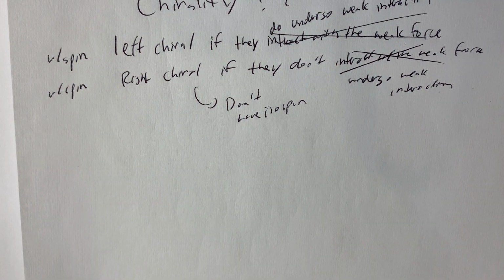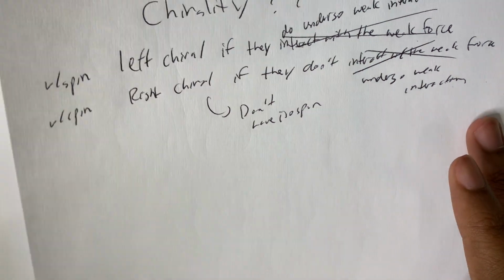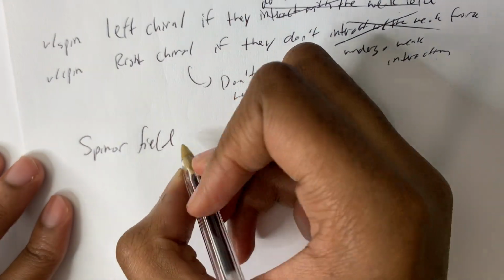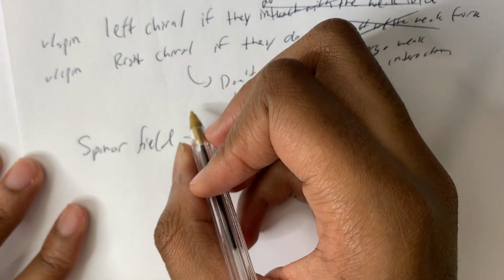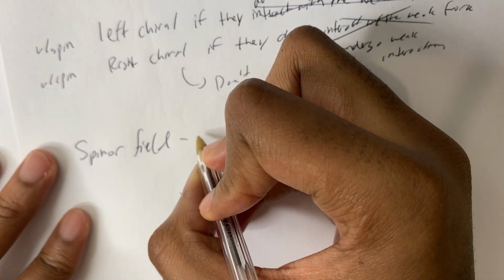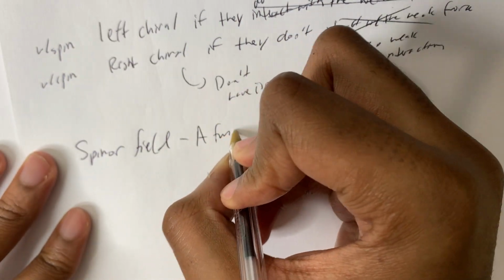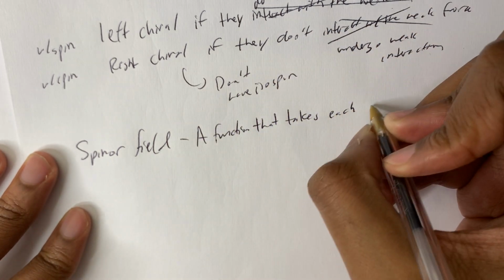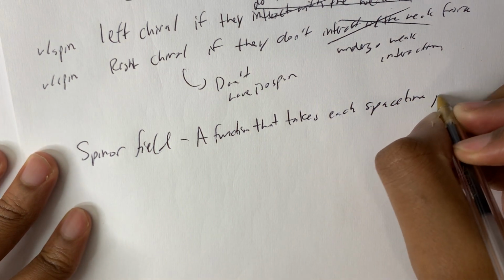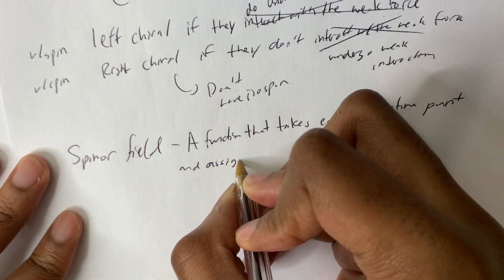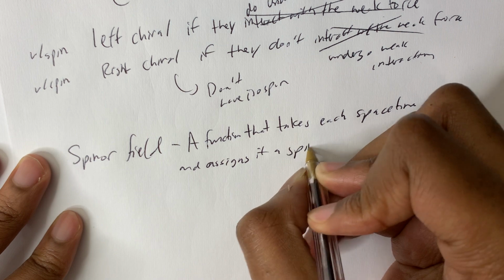Okay, and what's next on our list? Now we need to talk about spinor fields. So what is a spinor field? Well, a spinor field is like a function that takes each space-time point and maps it to a spinor.